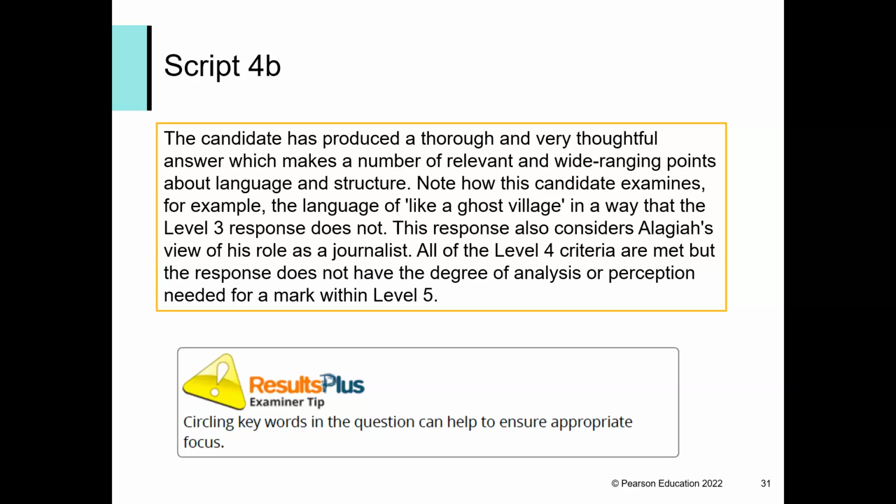Note how this candidate examines, for example, the language of Like a Ghost Village in a way that the level 3 response does not. This response also considers Alagaya's view of his role as a journalist. All of the level 4 criteria are met, but the response does not have the degree of analysis or perception needed for a mark in level 5. So top level 4 for script 4B.